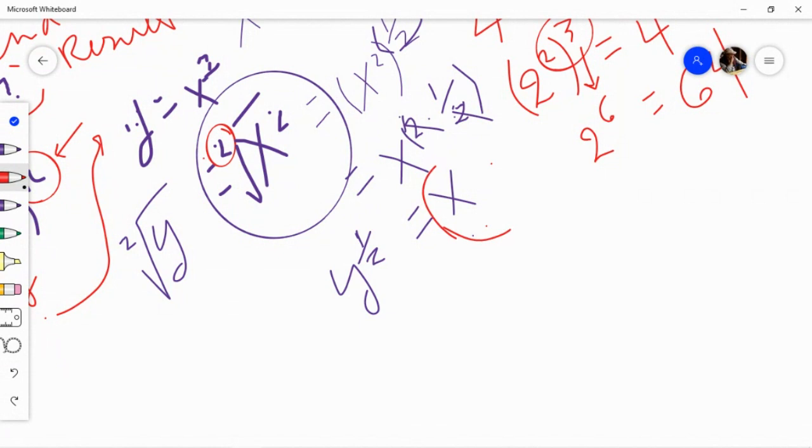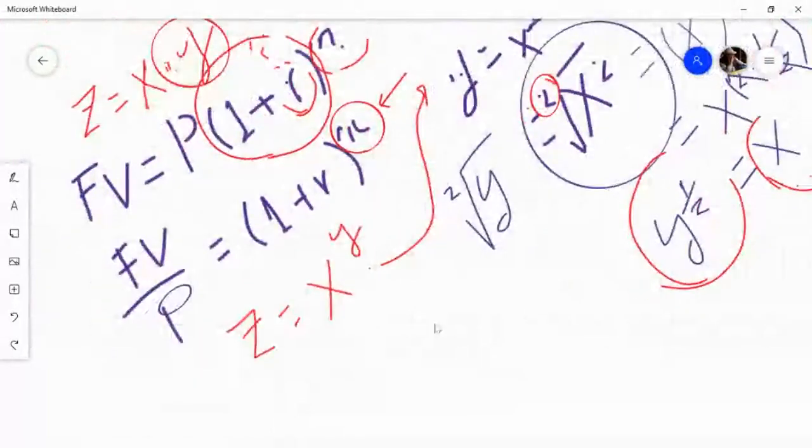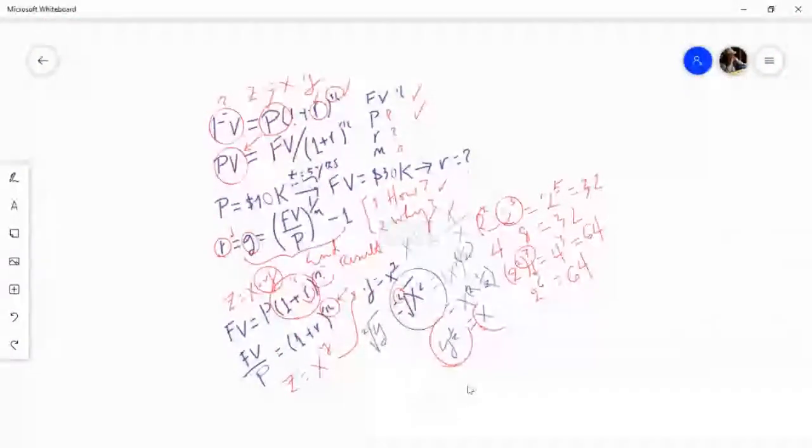Because you took the square root of x squared. And at the same time, you should also take the square root of the other side of the equation, right? Then think about it. Now, that answers everything. That answers our question. If that's what you do, then think about it.